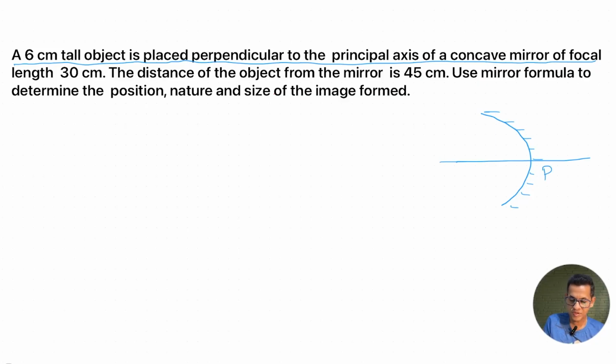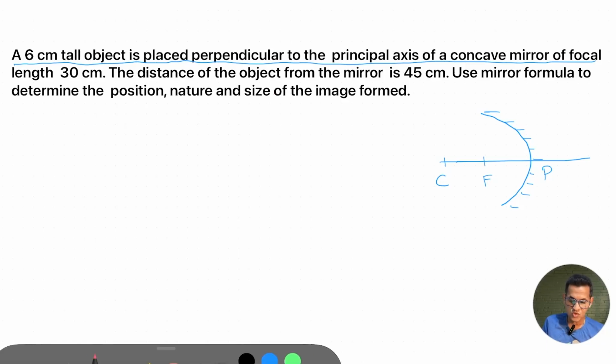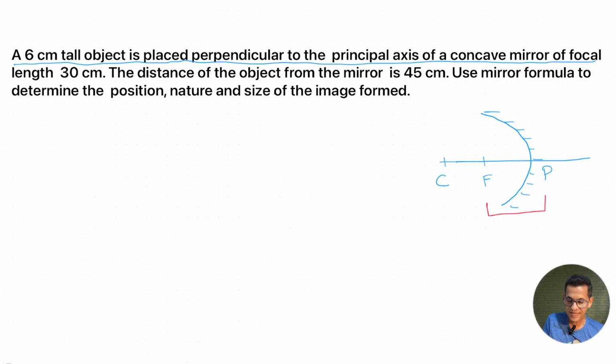So this is the pole of the mirror, this is the focus of the mirror, and this is the center of curvature. So an object of height 6 centimeters is placed on the principal axis of focal length 30 centimeters, which means this distance between P and F is 30 centimeters.